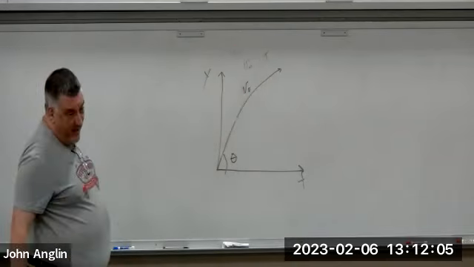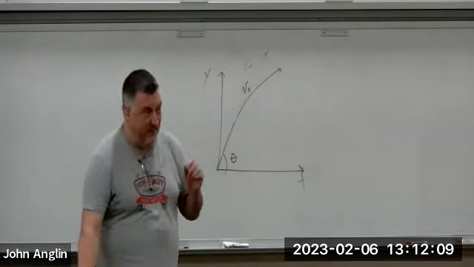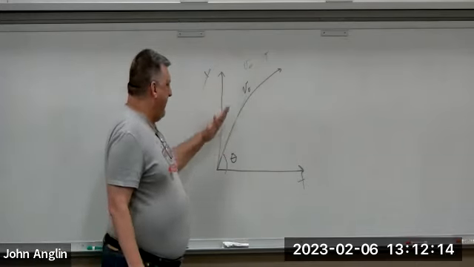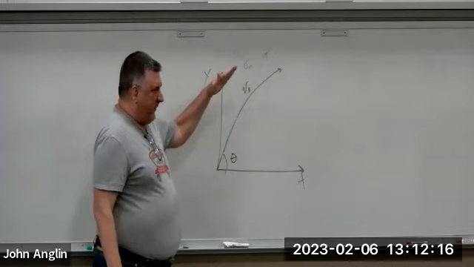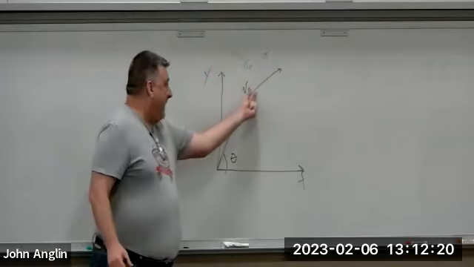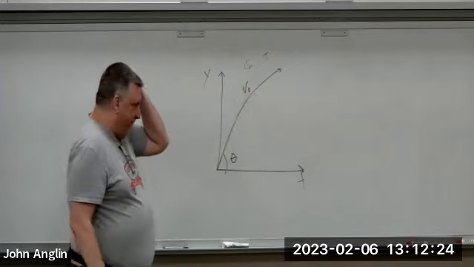The only way that you can account for this accurately is to split this thing up into very, very small pieces so that the arc is a flat line. If you make this small enough, that'll be a flat line. You'll have a whole bunch of little triangles, you add them together.